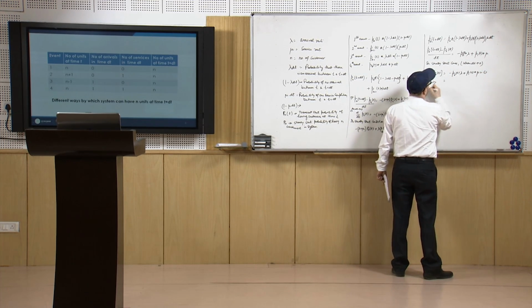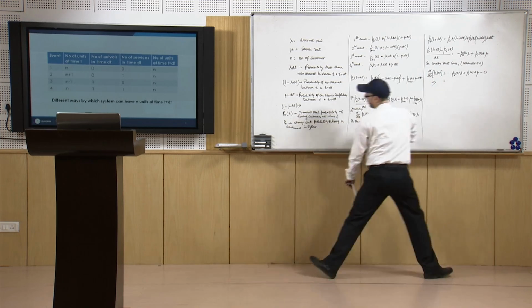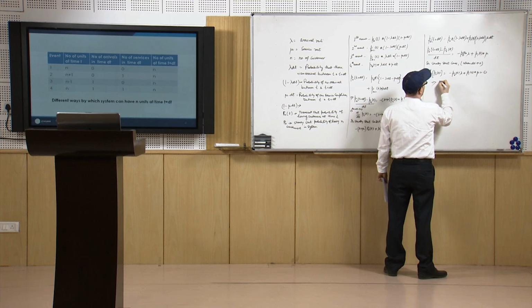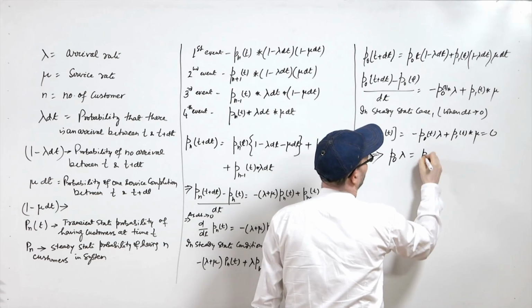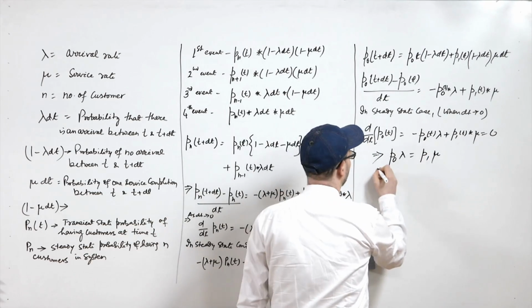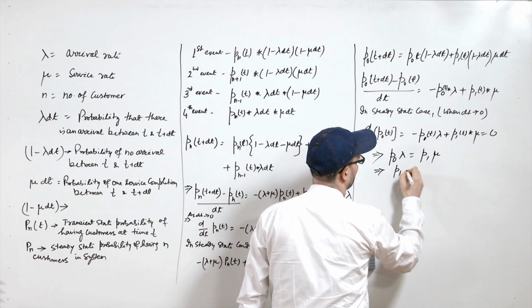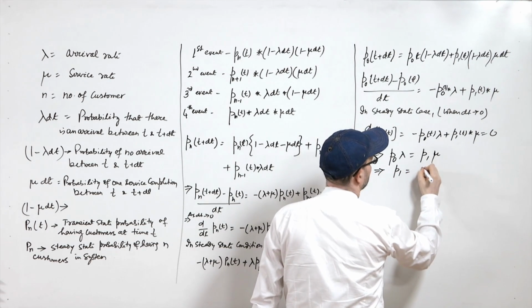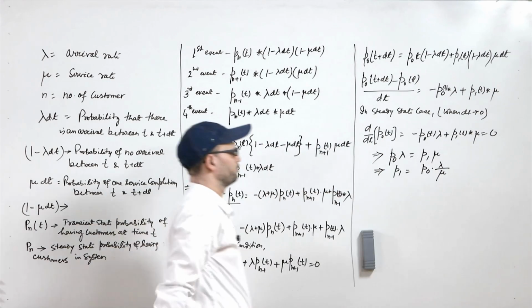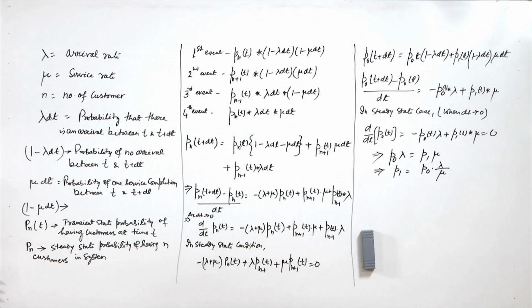So, this implies that we can write P 0 into lambda equal to P 1 into mu. So, P 1 will be written as P 0 into lambda by mu. We get P 1 as P 0 into lambda by mu.